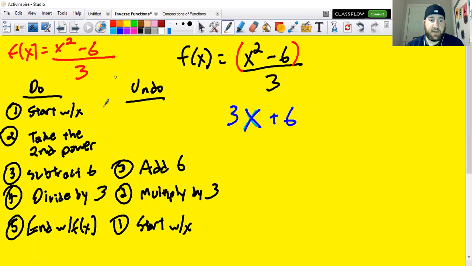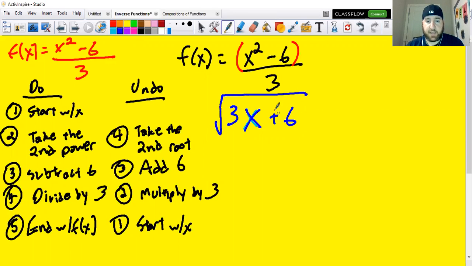And then step 4, again, instead of taking the second power, you're now taking the second root, which again is just, I'm phrasing it like this, but again, the second root is just a square root. So you can just leave that. Again, if there's no index here, we assume this is a square root. If you want to put the 2 there, I'm not going to penalize you. But again, what you need to realize on a test is you're probably not going to have a 2 there in your answer on like a multiple choice test. Okay.